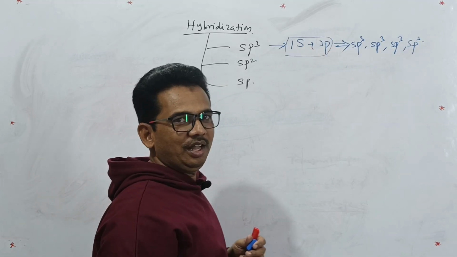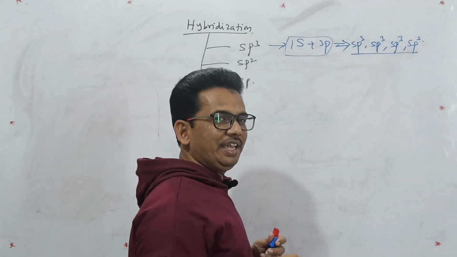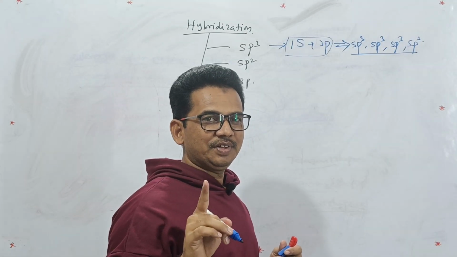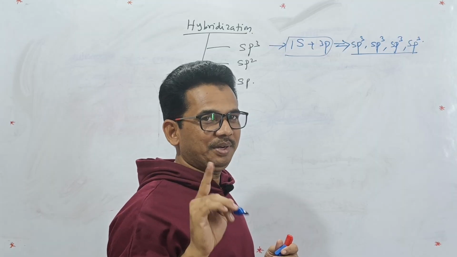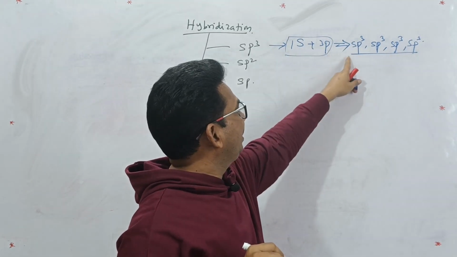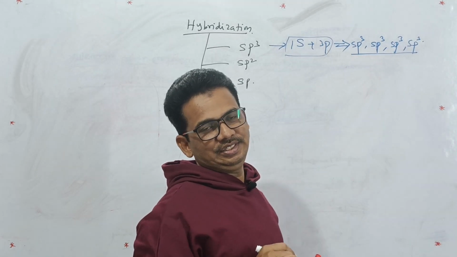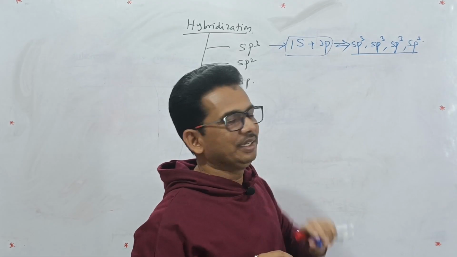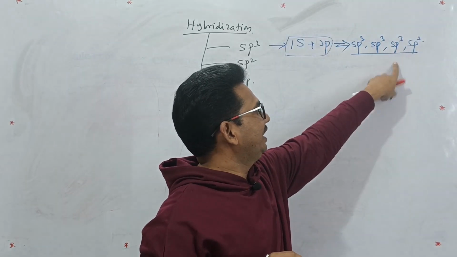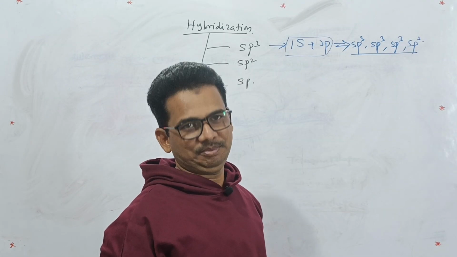Mixing of pure orbitals to produce a set of new equivalent orbitals. This is very important: new equivalent orbitals. The 1s and 3p mixed together give equivalent orbitals with similar energy and similar shape: sp3, sp3, sp3, sp3. They have a tetrahedral shape.